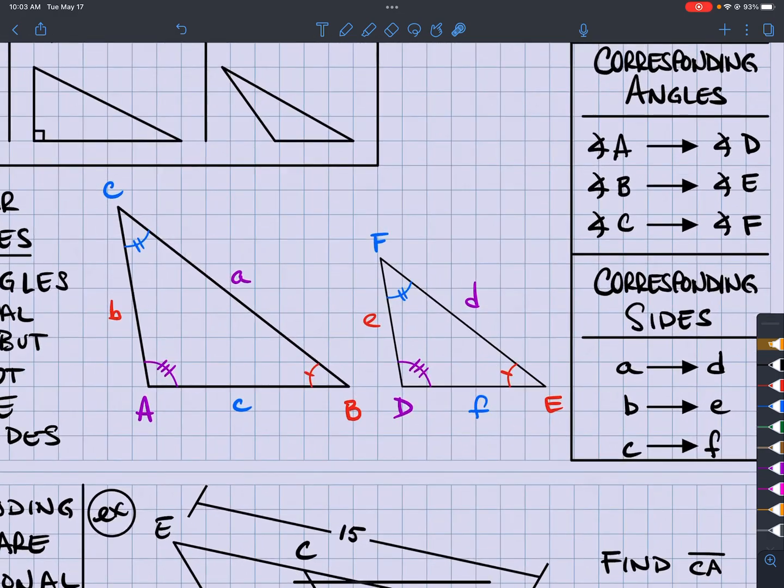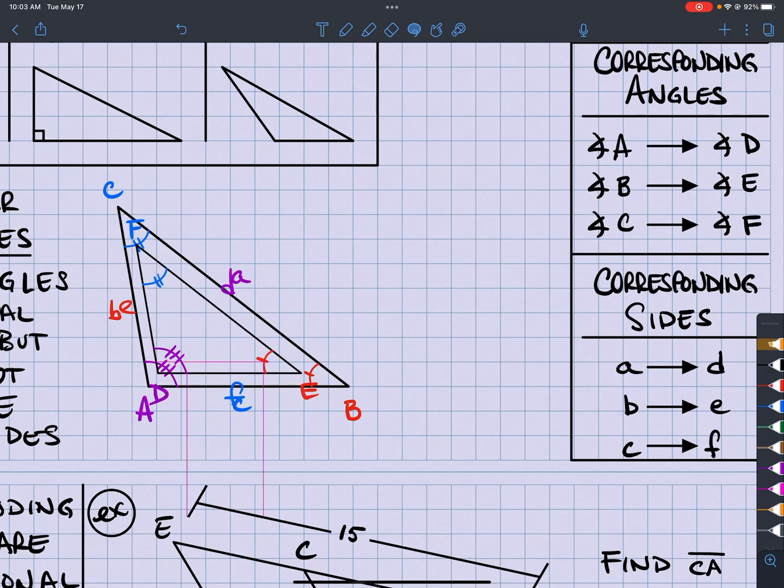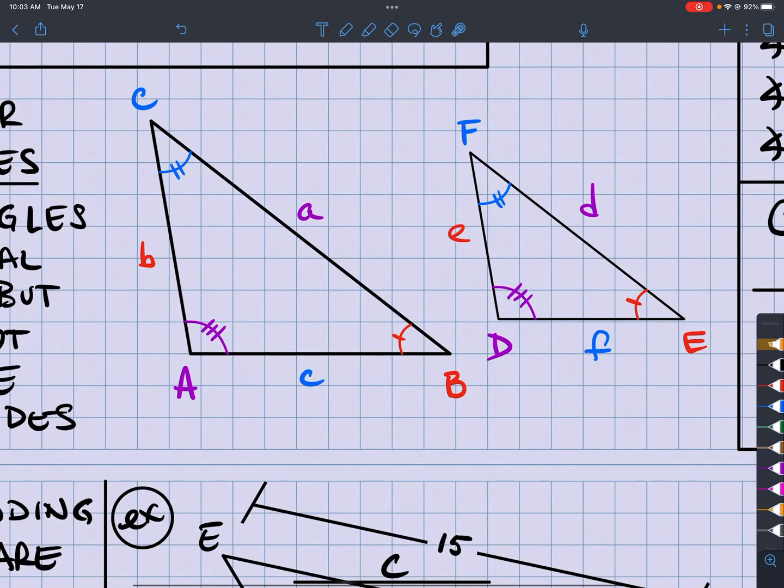If we look at corresponding angles, A is going to be on top of D. If I put it on top, you see that A would be on top of D, or D on top of A, doesn't really matter. I marked them to be the same angles, and this is a good point to bring up. To mark equal angles, we usually mark the angle and then put however many slashes through them.